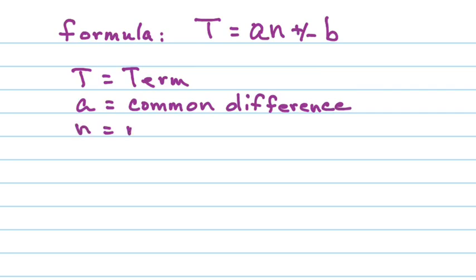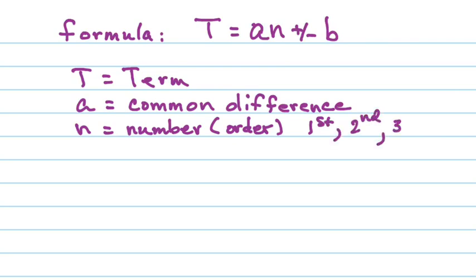N is the number or order. Remember that we looked at that, the first, the second, the third. So I know if it's an N or a T: T's are just numbers, but N's are always numbers that denote an order or a place value. Let's go one further, 100th, etc. Okay?